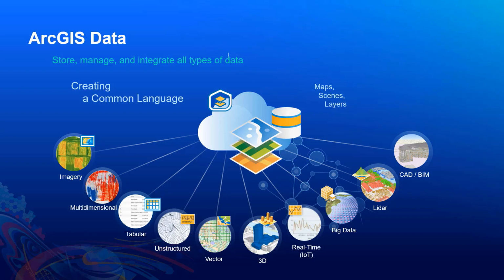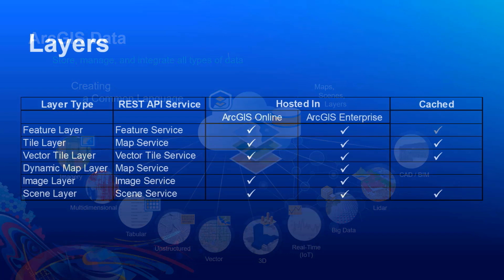There's been a lot of advancements for ingesting real-time data or the Internet of Things, really big data sets to be able to process and extract those to be able to do analysis at scale. There's also support for LiDAR along with the advanced tool sets we have there. And finally, CAD and BIM. And all of these data types are being brought in as web services to visualize in maps or 3D scenes.